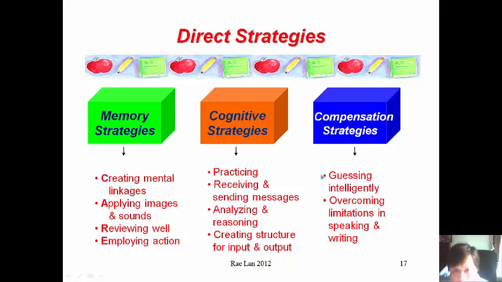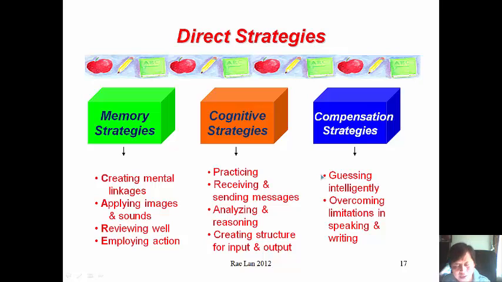All right. According to Rebecca Oxford, direct strategies are strategies that are directly related to learning itself. For example, memory strategies. Think about how many memory strategies Taiwanese learners use in order to pass all these tests and exams, no matter which subject area you are studying.